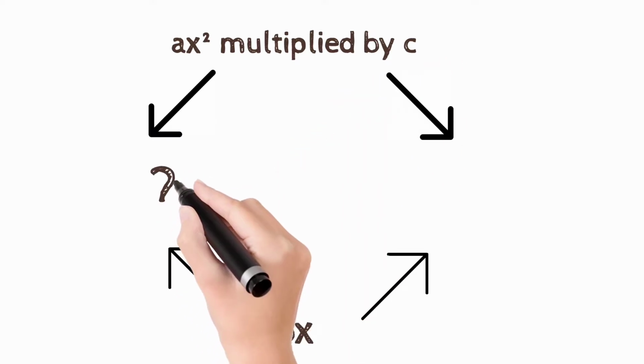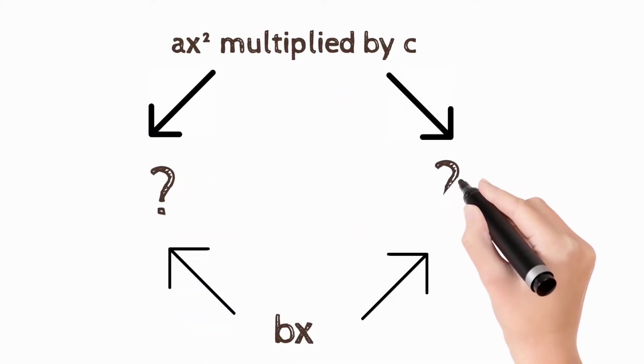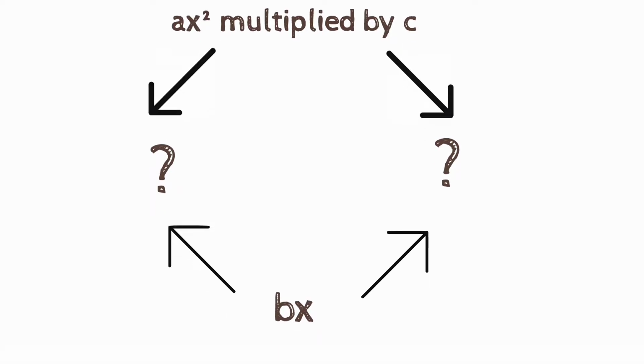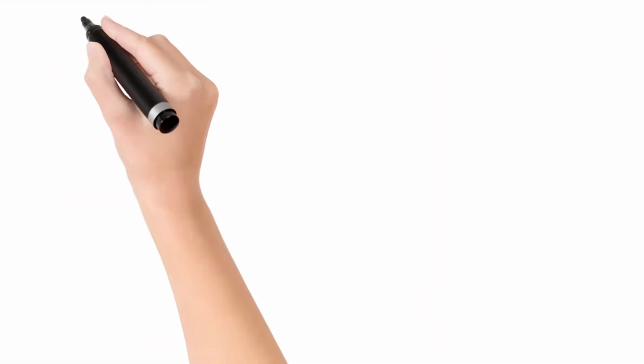The two unknown numbers, if you multiply them, you end up with ax square multiplied by c, and if you add them you reach the outcome of bx. I hope you are understanding.